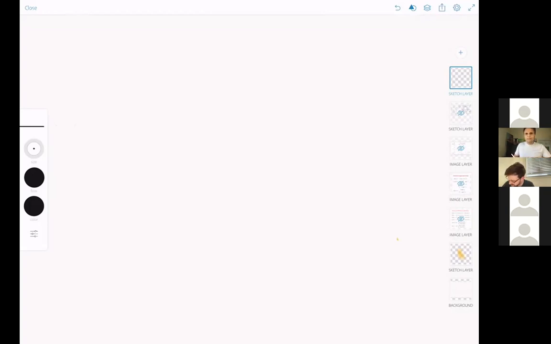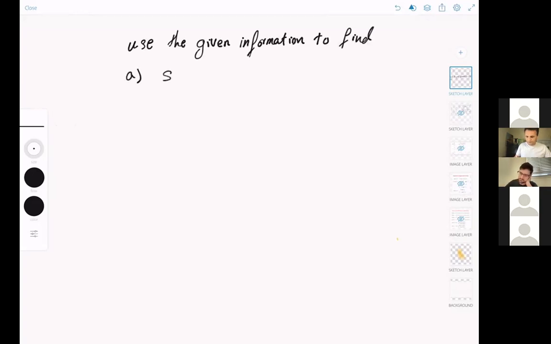So this question says, use the given information to find a, sine of S plus T, and then B, say the quadrants.